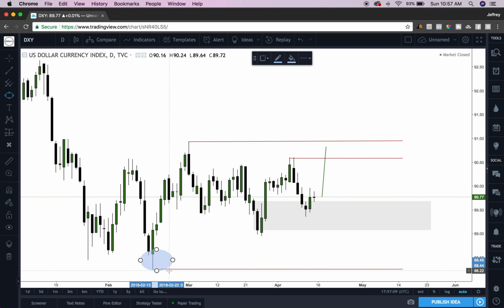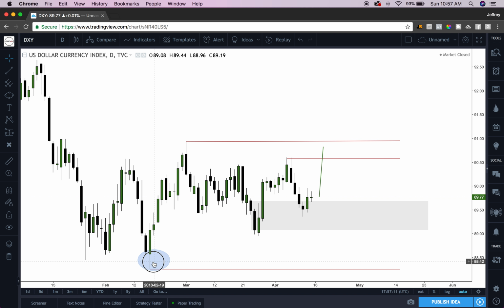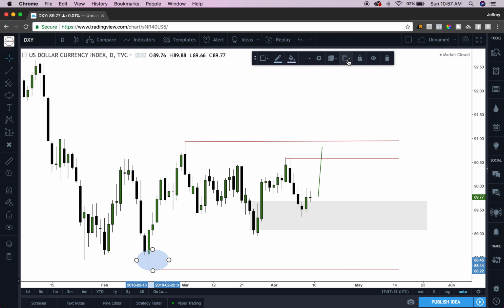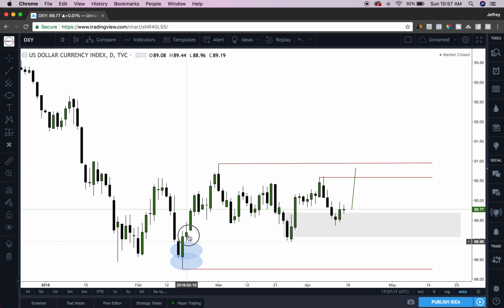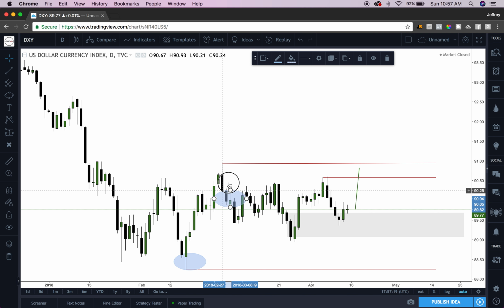On a daily time frame, we got a low, we've got a high, and then if we mark this one, this is a higher low, right?